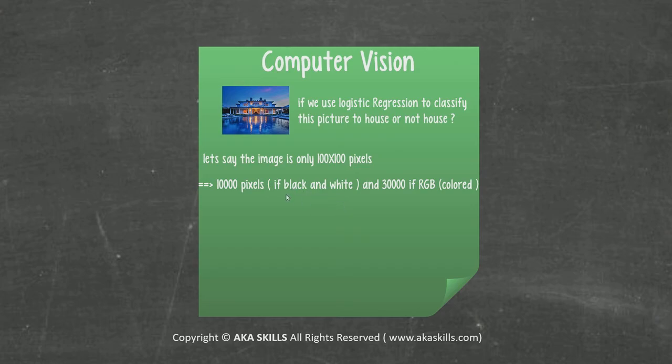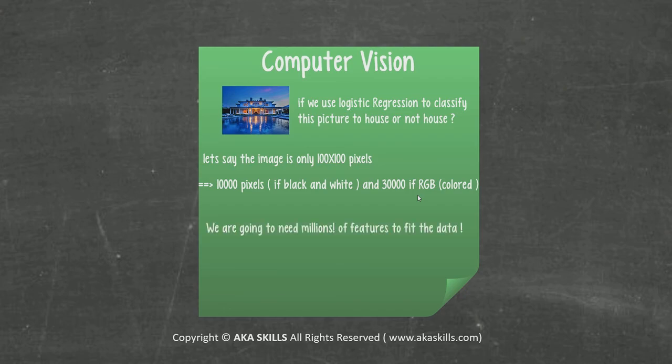If it's RGB, red, green, blue, that means it's going to be 30,000 features. Imagine feeding 30,000 features as an input for a model to train. It's crazy to imagine.